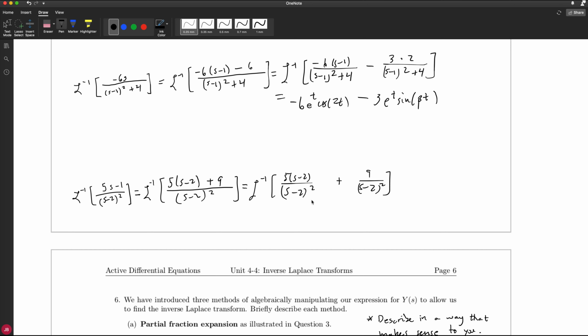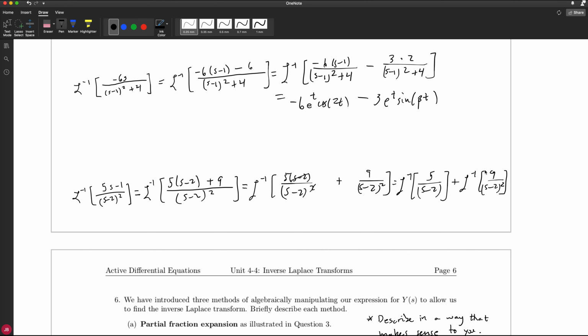Oh, notice here in this fraction, the s minus 2's cancel. And so I get Laplace inverse, and now I'm going to split up at this plus sign here. Laplace inverse of 5 over s minus 2 to the first, right? Plus Laplace inverse of 9 over s minus 2 squared.